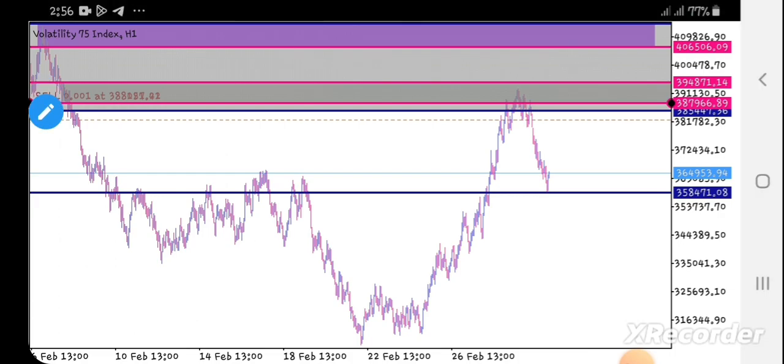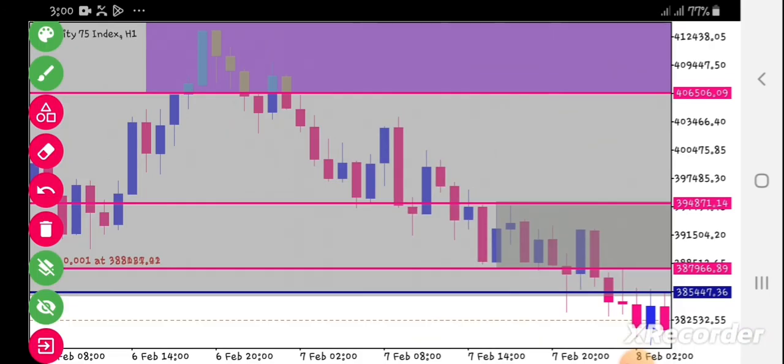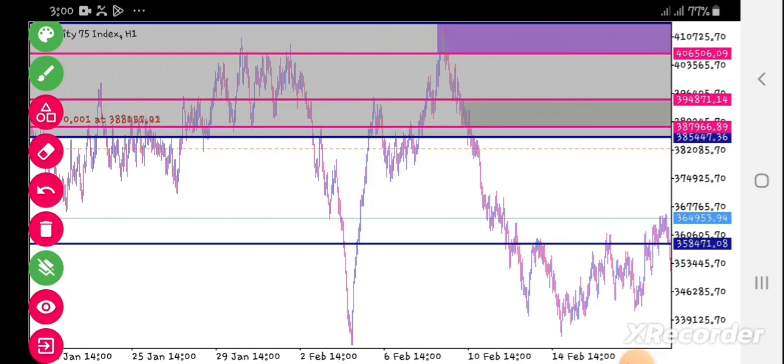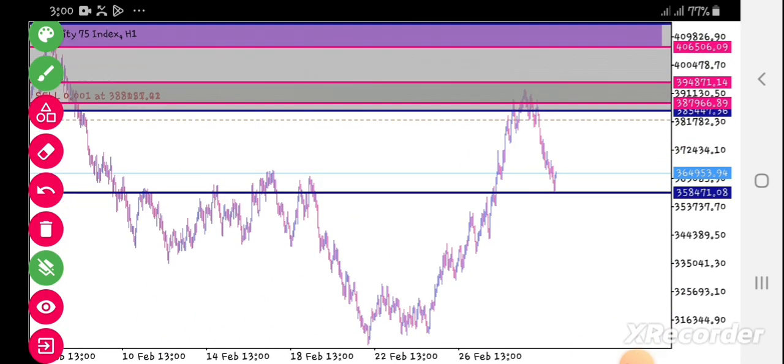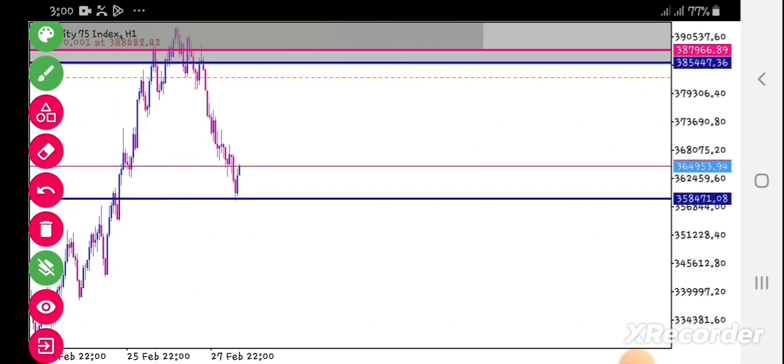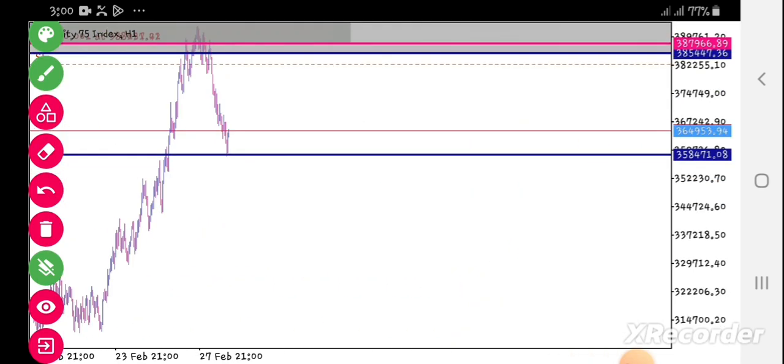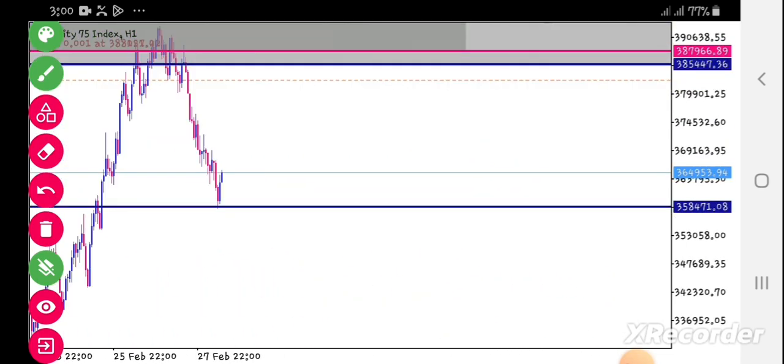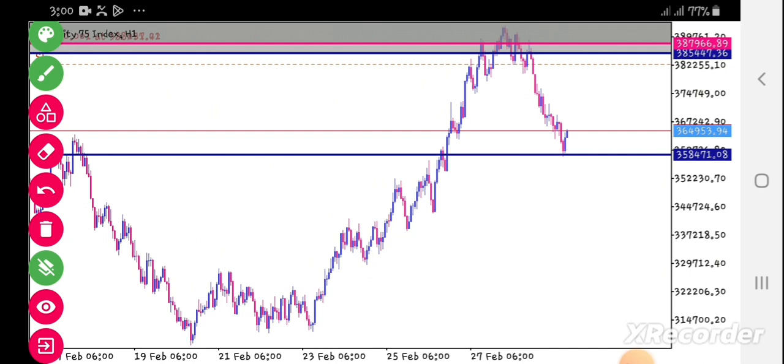So you can see very well that this is my zone 1 and this is my zone 2. So what I have to do is wait for the market to come and tap into both of my sniper zones, guys, and then we can sell it.